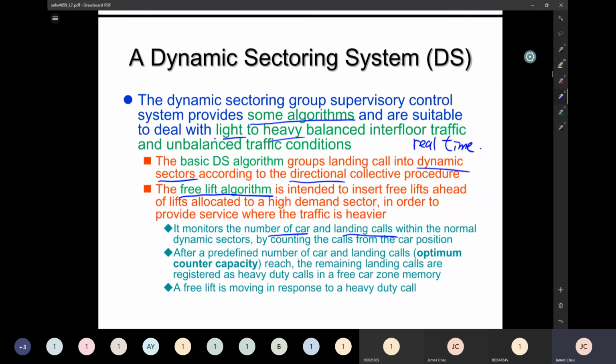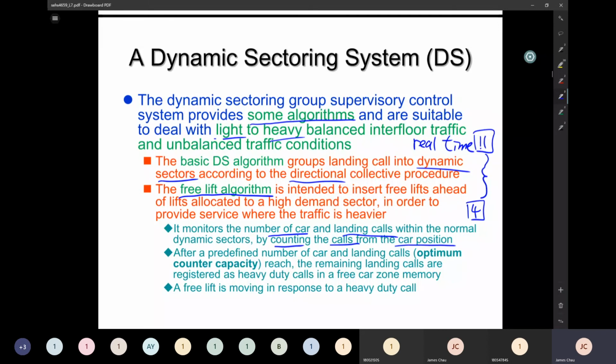At the same time, you are going to count the calls ahead of the car position, so that if the car is present on the fourth floor and you have a call on the 11th floor, you are going to count the number of floors that it needs to travel to serve the call. So we require this information in order to determine which lift is going to serve the call.